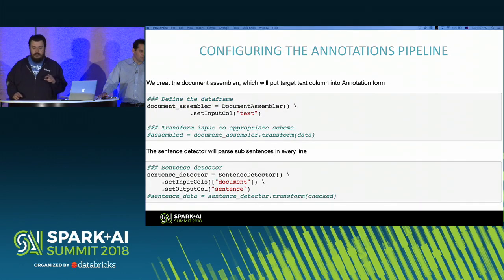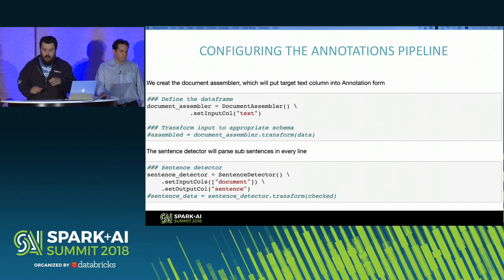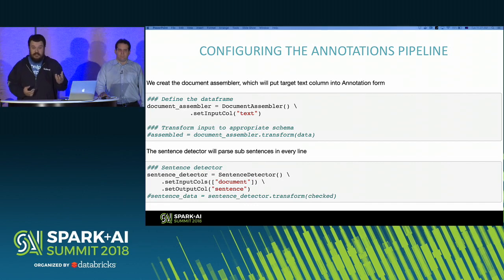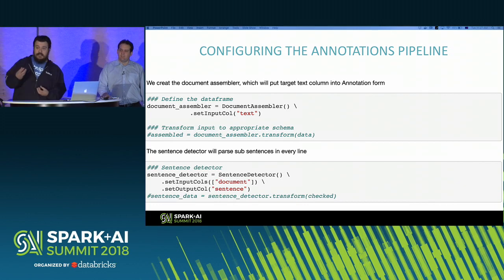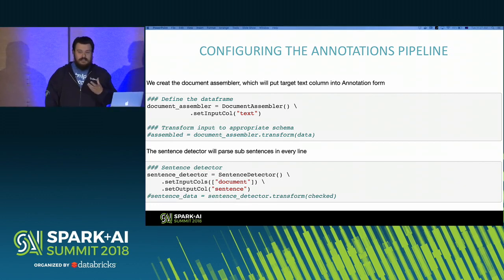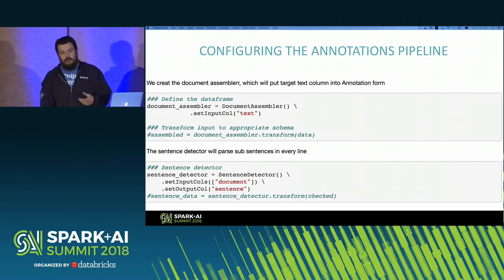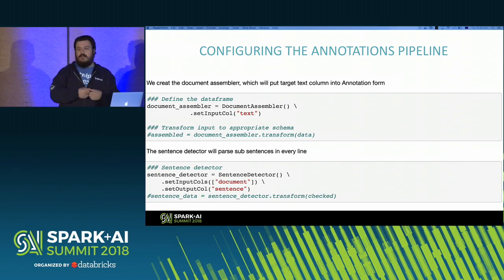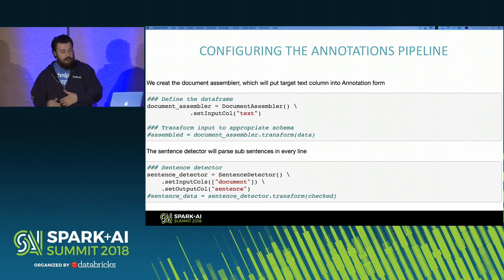So the document assembler. One way you can split up NLP libraries is functionality-based libraries and annotation-based libraries. Functionality-based libraries are something like NLTK or Stanford NLP, and really they're a collection of algorithms and models built for solving different problems, and there's no concept of a document. You take in strings or arrays of strings and you output them.